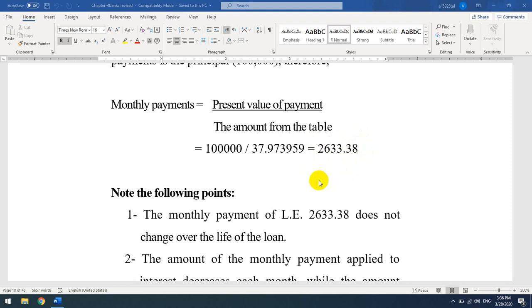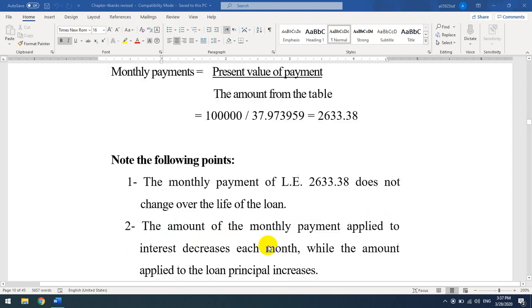This is the monthly payment that should be paid by the client Muhammad Ali to Alexandria Bank. Note the following. Number 1, the monthly payment equal to 2,633.38 doesn't change over the life of the loan.